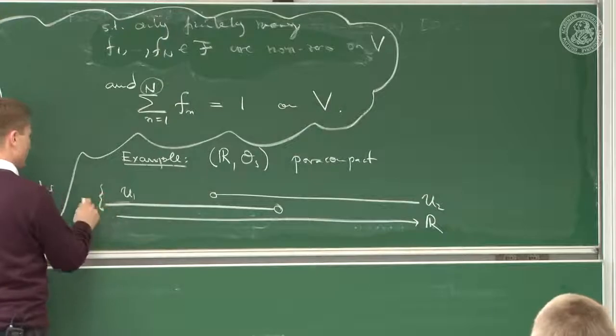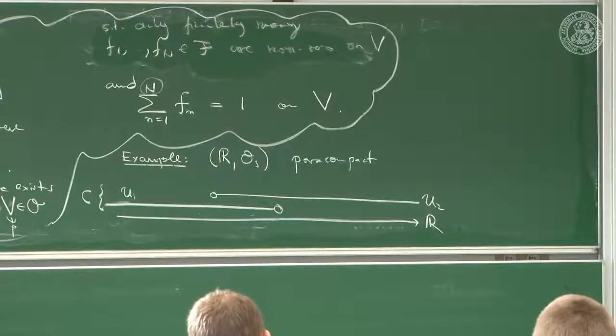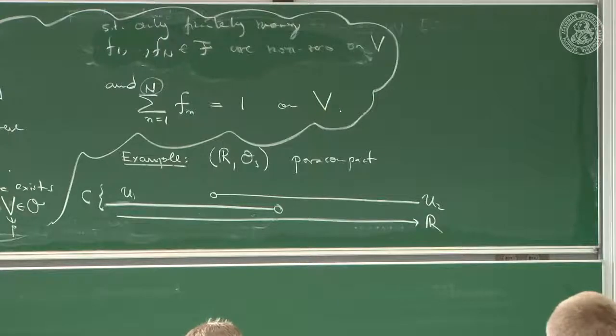U1 and U2 together constitute an open cover. Clear. Now, what is a partition of unity in this case? Well, it's a set of continuous functions, such that for every function there exists a set U, such that f not equal to 0 implies already that the point P lies in U.